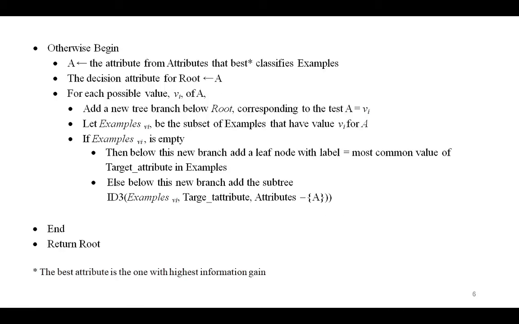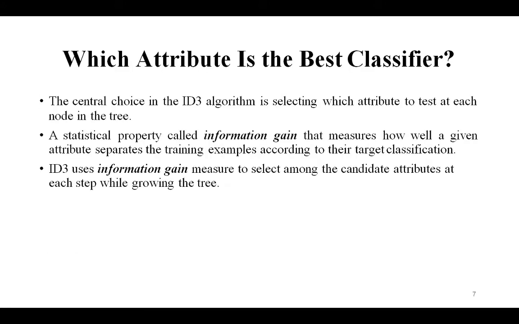I hope it is clear how the ID3 algorithm works, which is specialized to learning boolean valued functions. Then the question comes: which attribute is the best classifier? Here, the central choice in the ID3 algorithm is selecting which attribute to test at each node in the tree. We would like to select the attribute that is most useful for classifying the examples, meaning the training examples. So, what is a good quantitative measure of the worth of an attribute?